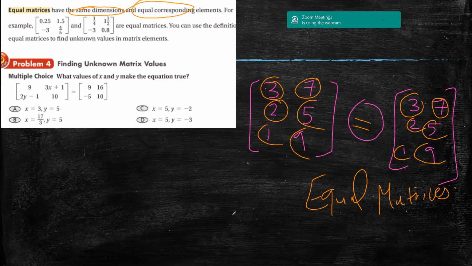Like this one here, 0.25 and 1/4, 1.5, 1.5, -3 and -3, 4/5 and 0.8. They are equal matrices. Why? Because each corresponding element is equal, and also they have the same dimension.